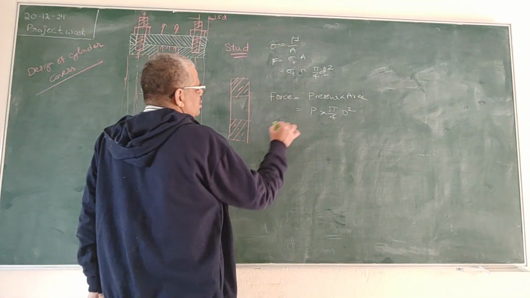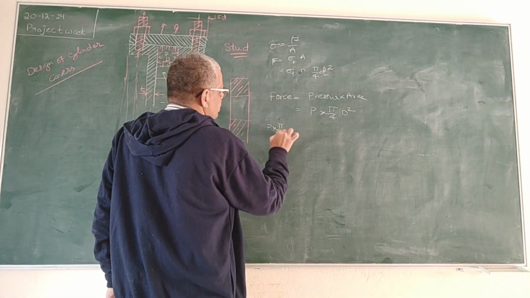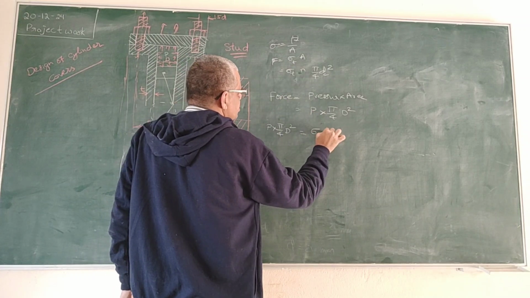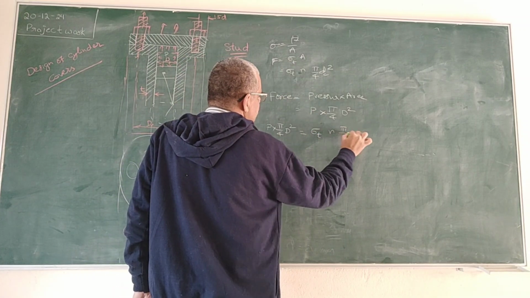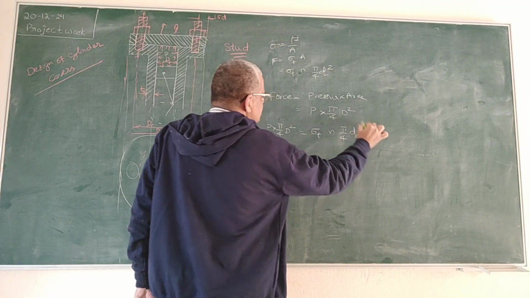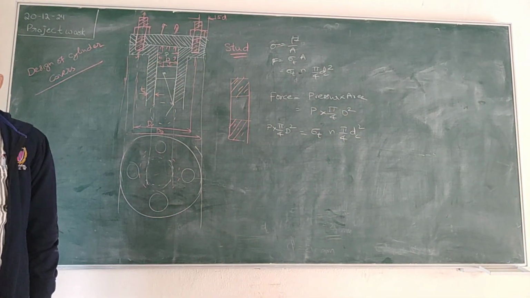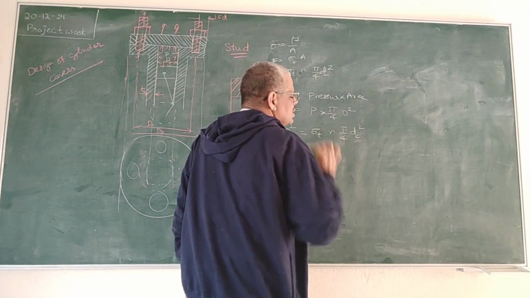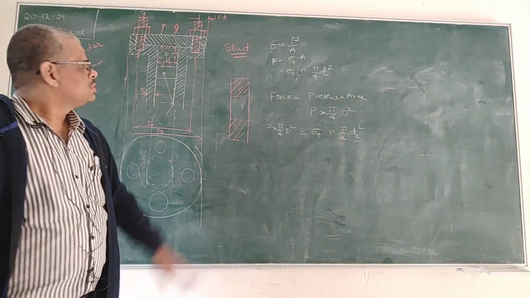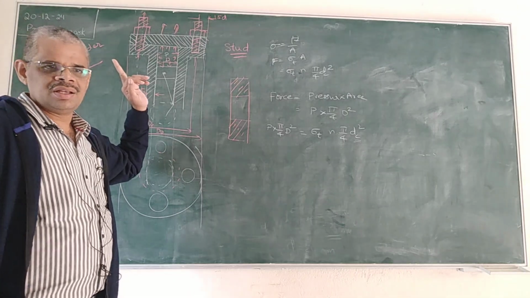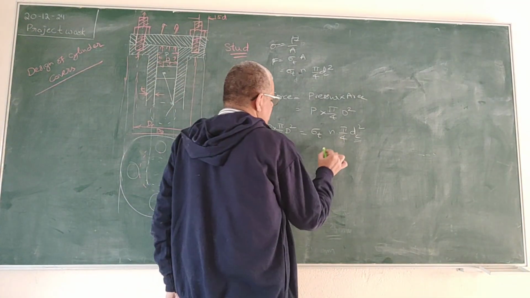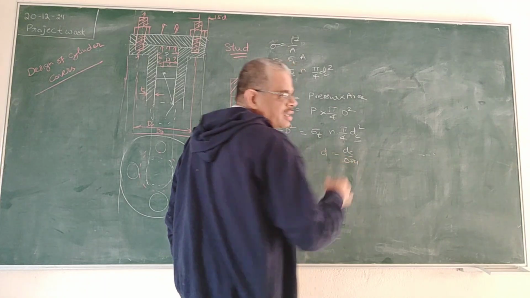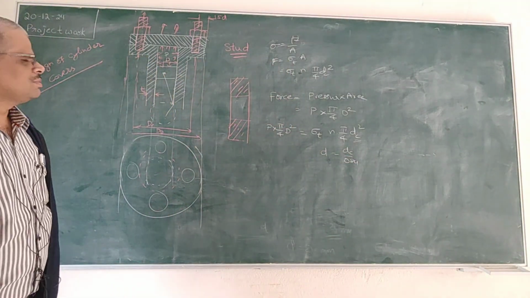So, P into pi by 4 D square is equal to sigma T into n into pi by 4 dc square. By using this relation, you can get the value of core diameter of one stud. If core diameter is available, then D is equal to dc by 0.84, so that you can get the value of D.